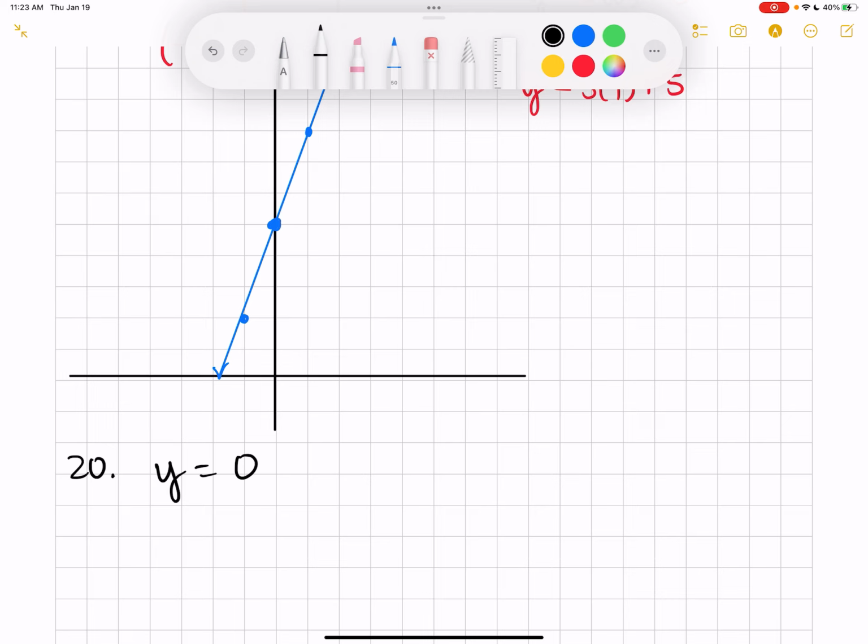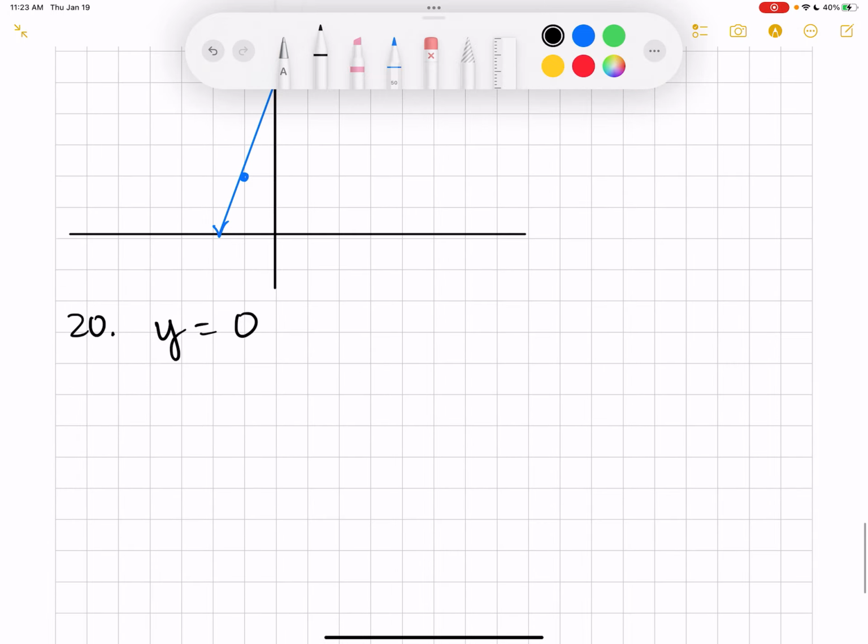Horizontal, okay? So we set up our graph, and y equals 0 right here. It's horizontal, so we literally just draw the line on top of the axis, and that's y equals 0. If it was x equals 0, it would just be up and down on the y-axis. So it'd be a vertical line.